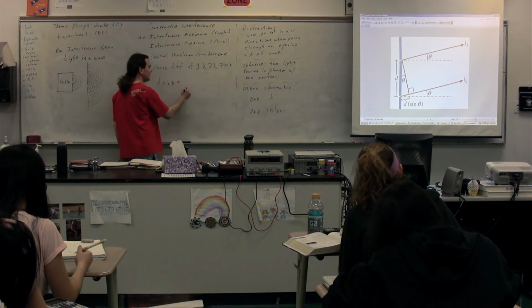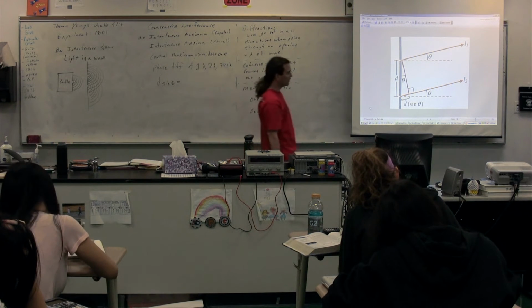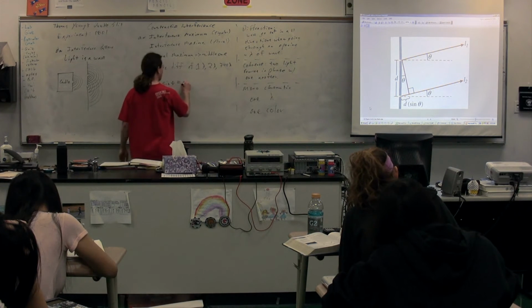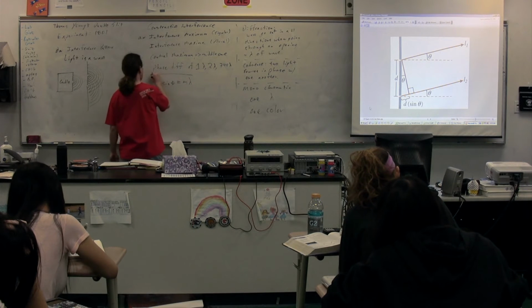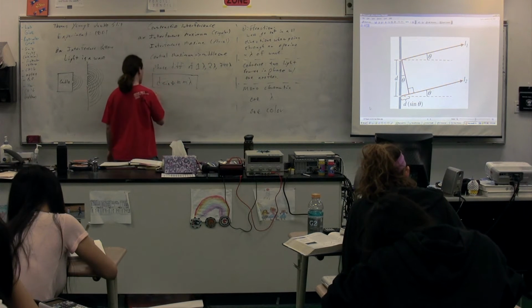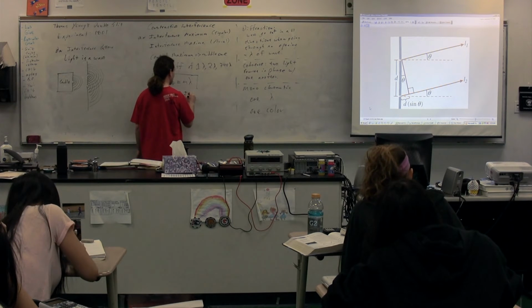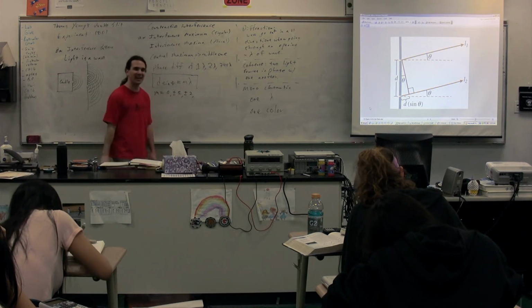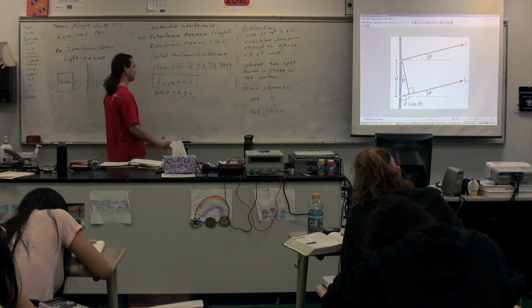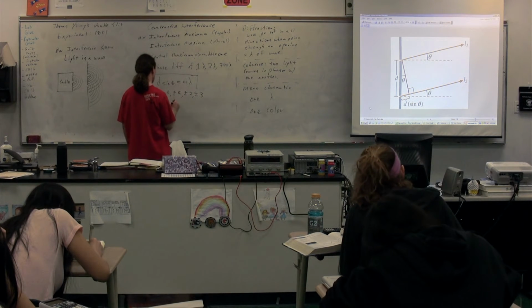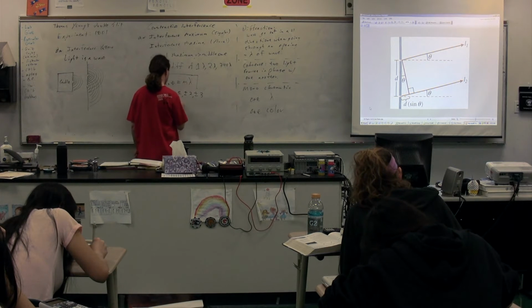Well, that needs to equal, in order to get constructive interference, an integer multiple of the wavelength. So it equals m times the wavelength, where m is equal to 0, plus or minus 1, plus or minus 2, so on and so forth, any integer. And m is called the order number.